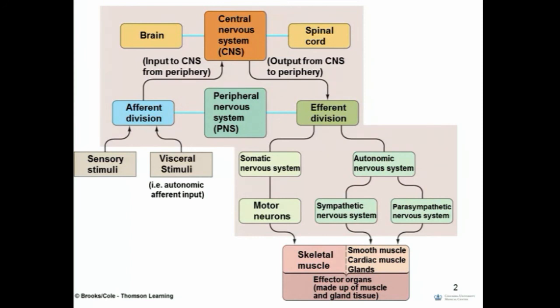They include our sense of taste, smell, sight. What are our other senses? Hearing, right? Touch, right? So touch, sight, hearing, smell, taste.